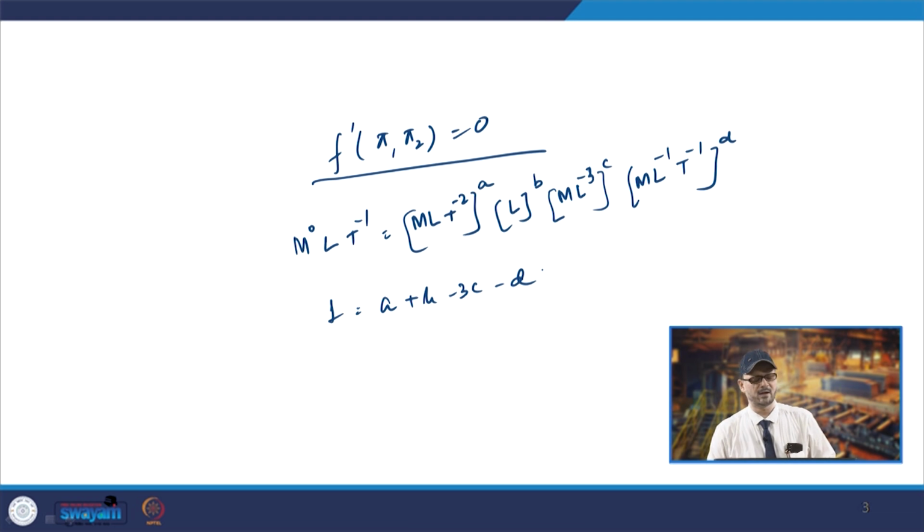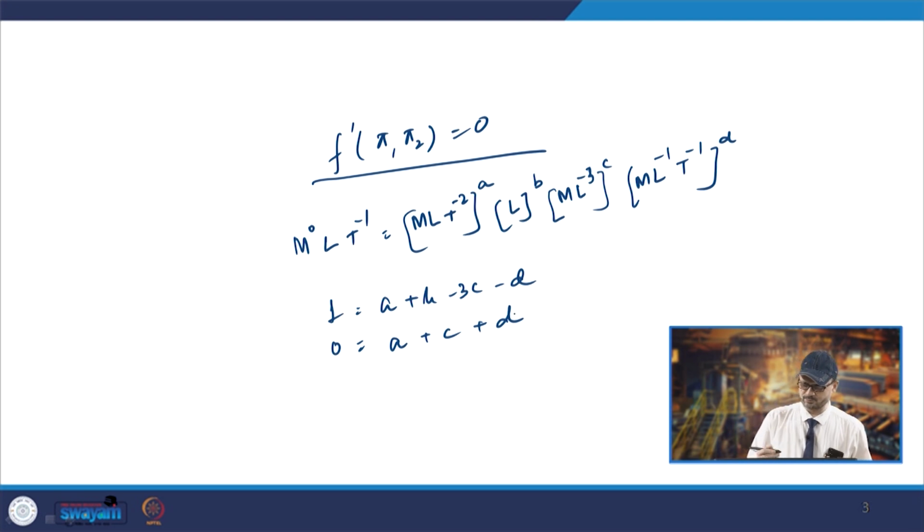Similarly, for M it is 0. So, 0 will be equal to, if you look at M, a plus c and here also plus d. And if you go for t, it will be minus 1 on this side, and on the other side t is minus 2a and similarly minus d.